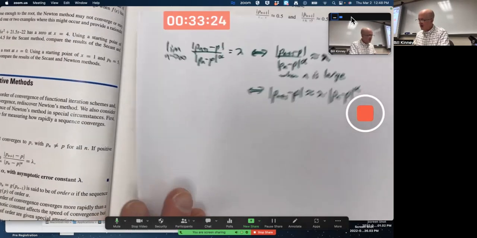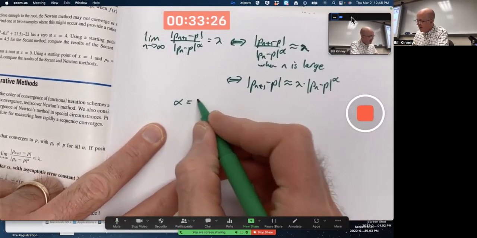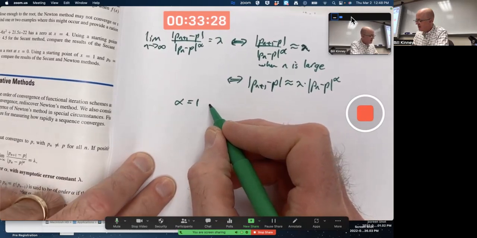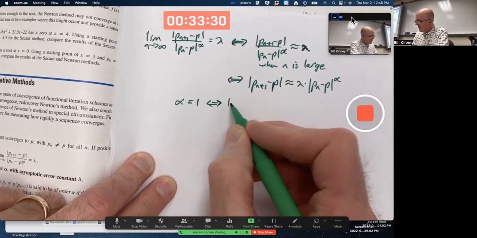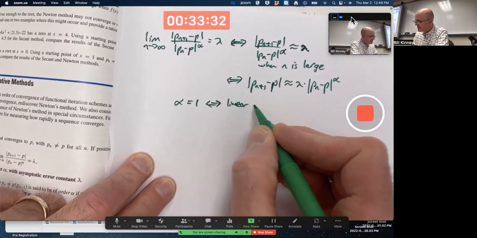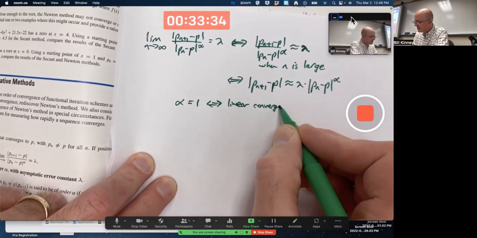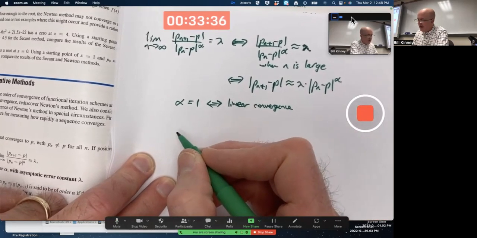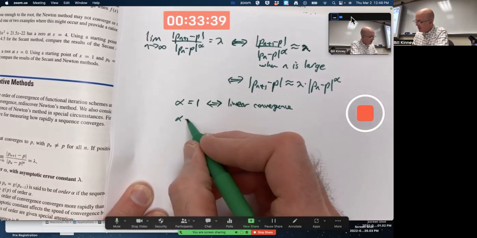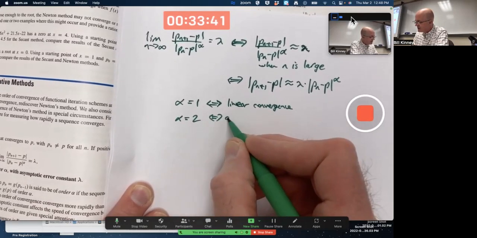When alpha is 1, that corresponds to what's called linear convergence. When alpha is 2, it corresponds to something called quadratic convergence.